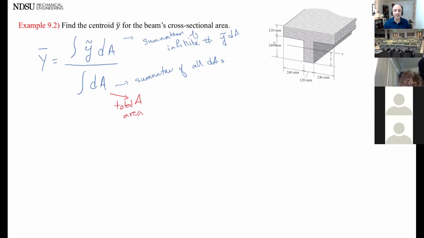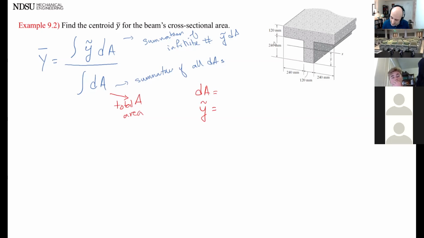Now let's look at this figure. Sure, I can do an integration. For integration, you have to find dA and y tilde first, then put them in the equation. But this cross section is much simpler.